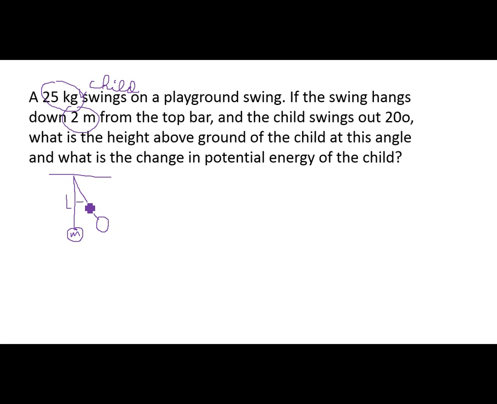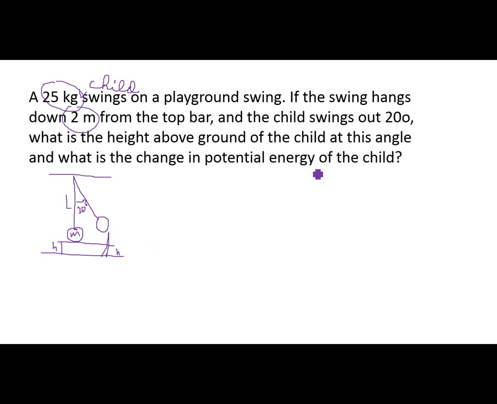What is the height above the ground at this angle? I don't know what the original height is. I didn't specify it, did I? So if we just say this is h, and we really want to know what this height is, h plus something else, right?